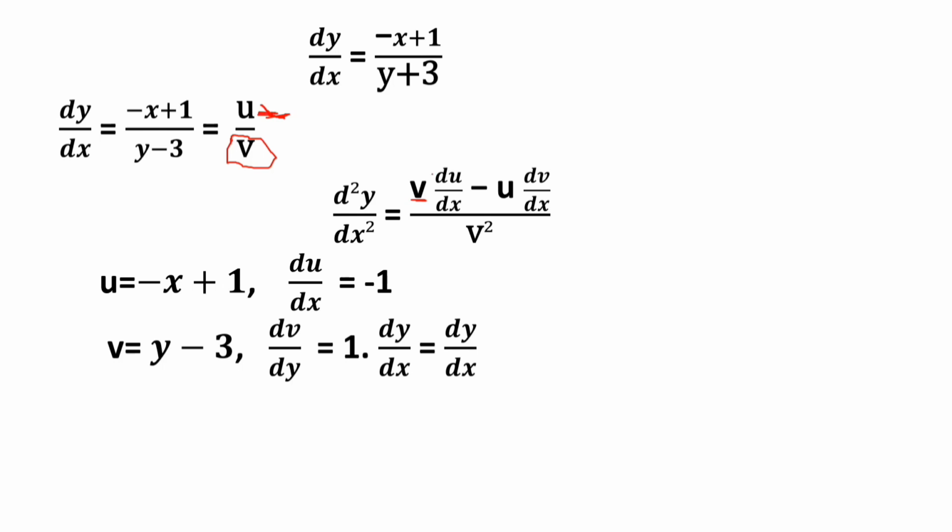Minus: at first you keep this one constant, but this time you keep this u constant. You then differentiate this one with respect to x. So if I keep u constant, I will not differentiate it. You can see the u here. Then I will differentiate this v with respect to x. That will give me dv dx. You can see it there.